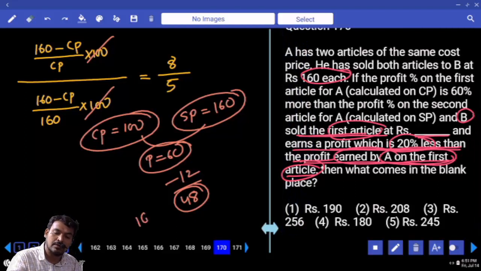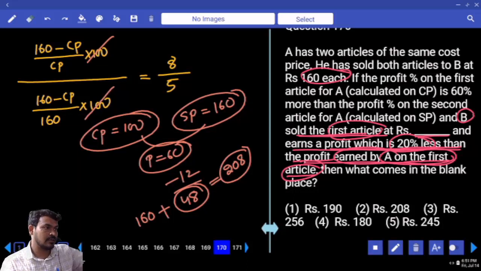Selling price means we write cost 160 plus how much? 48. 160 plus 48, that will be how much? 208. Because A sold to B, A's selling price is also equal to B's cost price. 160 is the cost price of B, but he gets a profit of 48. 160 plus 48, that will be 208.